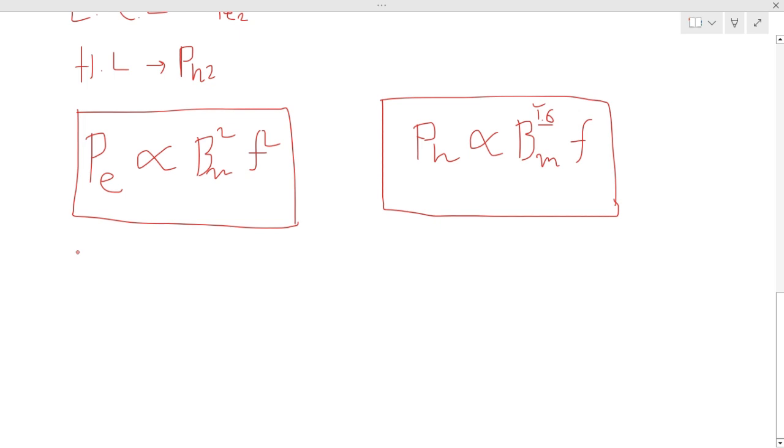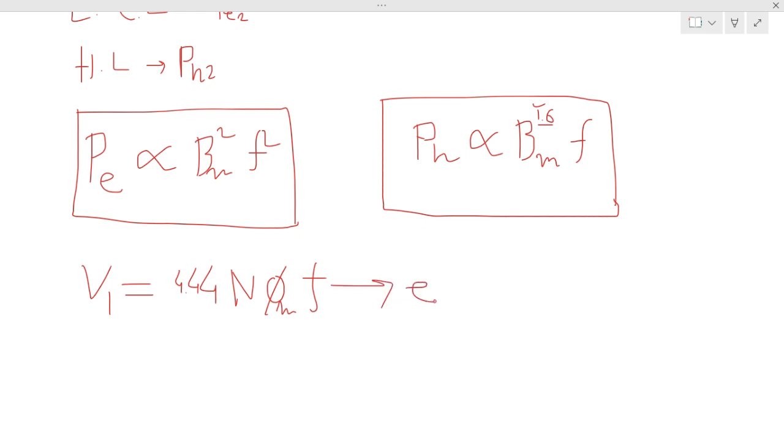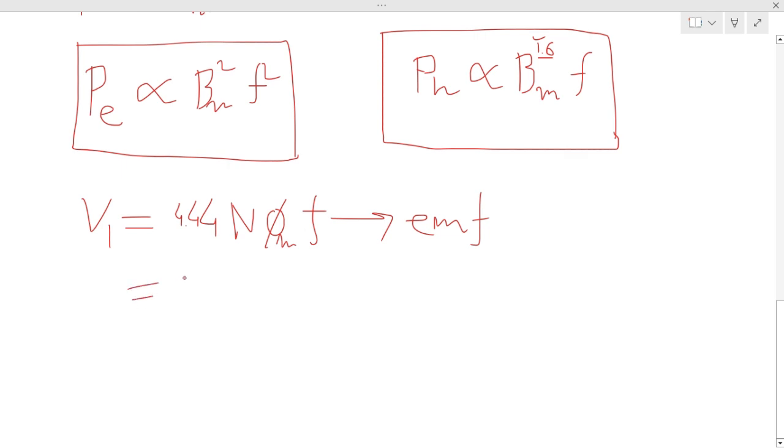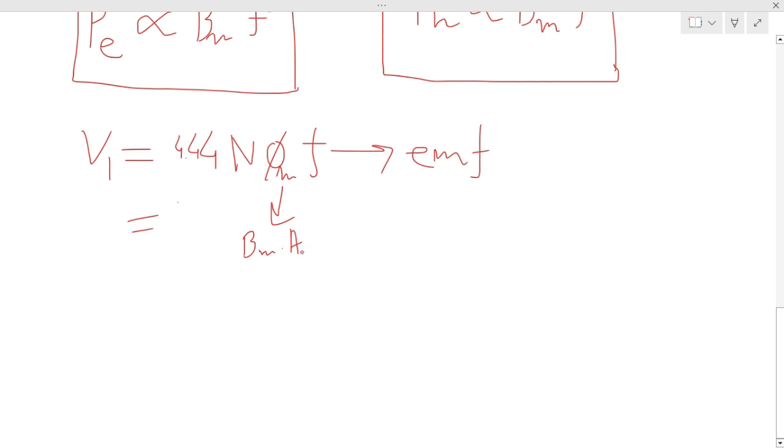For the transformer, the induced EMF equation is V equal to 4.44 N phi m F. Here we can write phi as Bm into A. This is true when V by F is constant in this EMF equation, so the flux is constant.